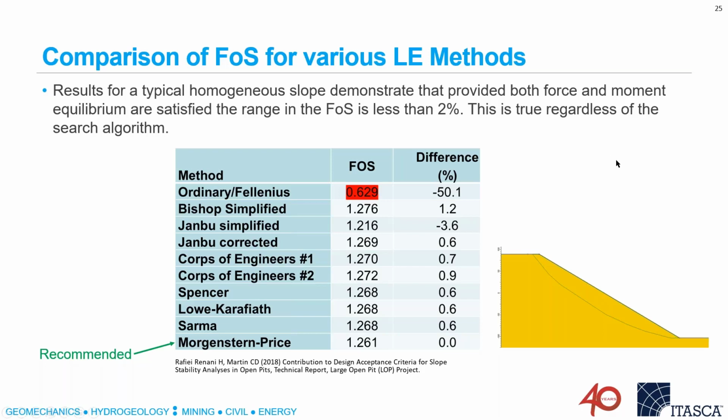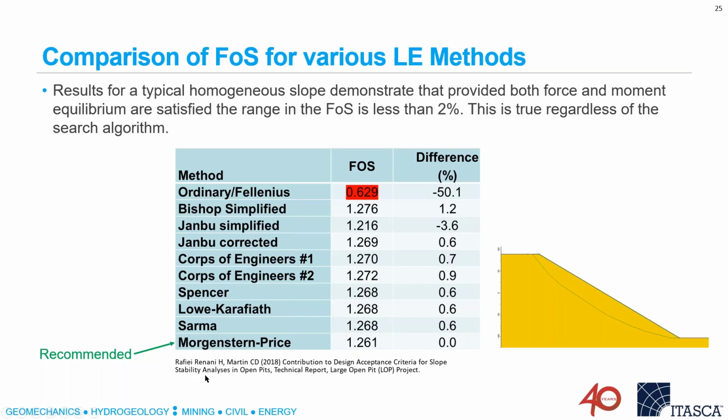But you can see here for a very simple slope, all of these methods produce safety factors which are essentially the same number except for the ordinary slip circle method. But all these other ones, these method of slices here, all produce essentially the same number within what we know about material properties.